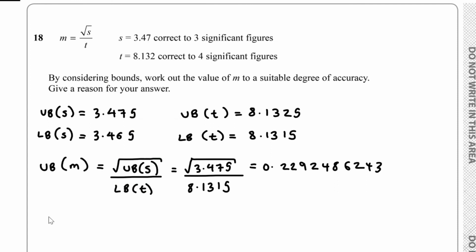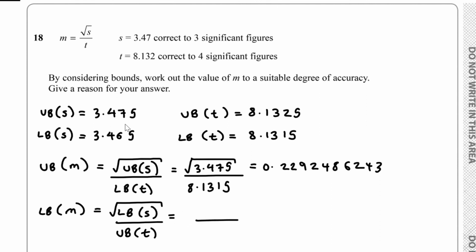And similarly, the lower bound of m is equal to the lower bound of s over the upper bound of t, and of course the lower bound of s is being square rooted. So here we've got the lower bound of s, which is 3.465, and we square root this, and then we divide by the upper bound of t, which is 8.1325.